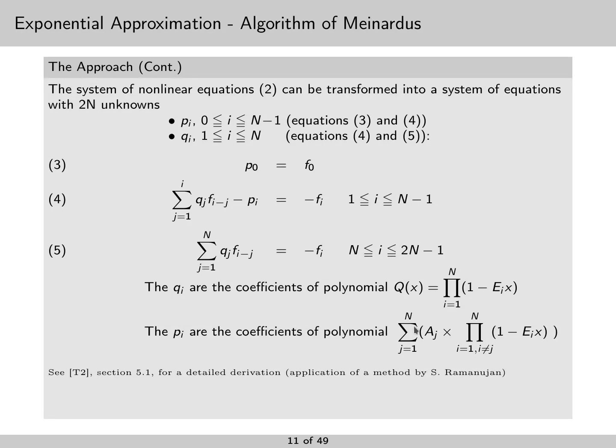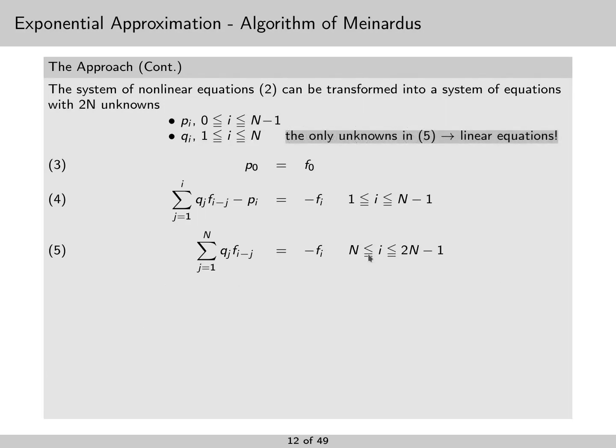This derivation involves non-trivial reasoning including application of a method by Srinivasa Ramanujan. You'll find the details in reference T2. Notice the n coefficients q_i are the only unknowns in equation 5. That is, equations 5 form a system of linear equations.